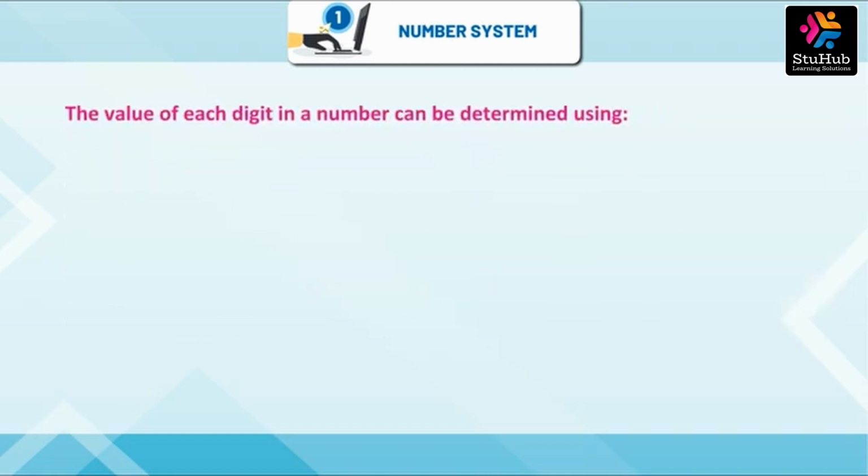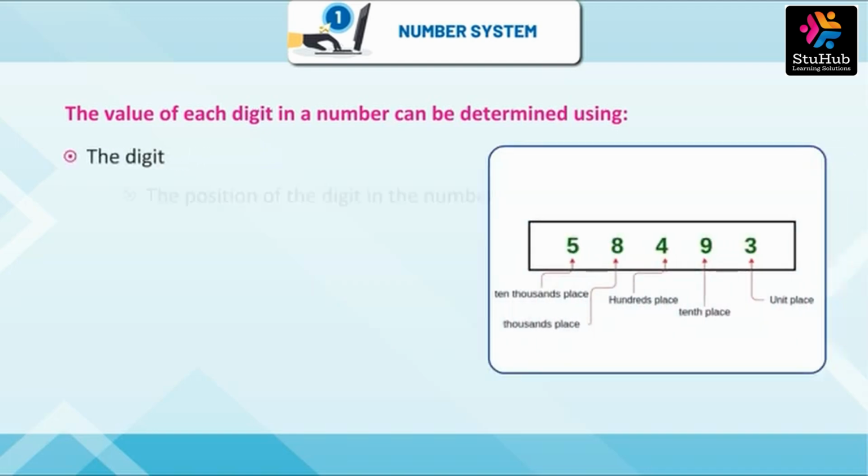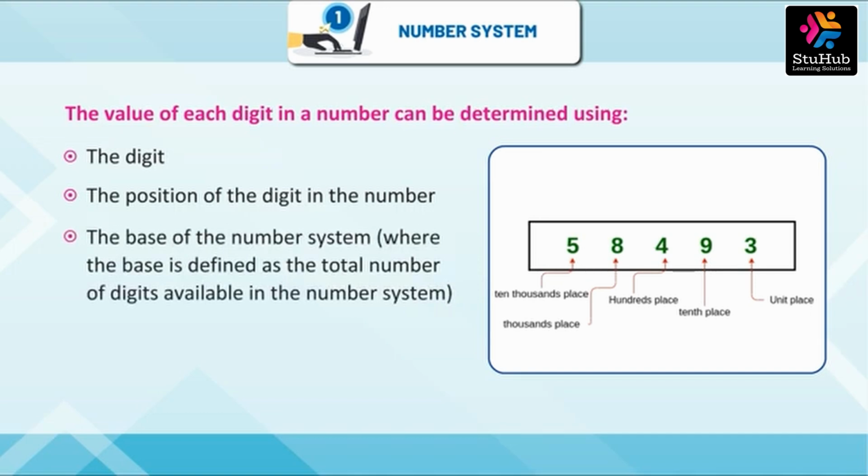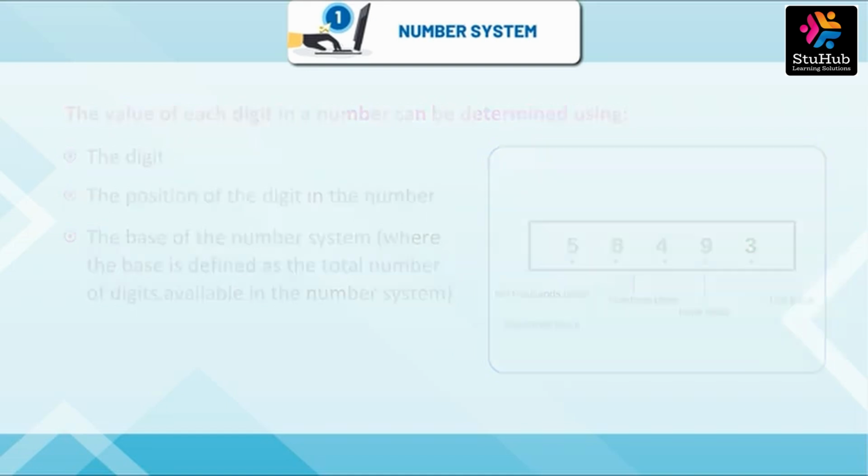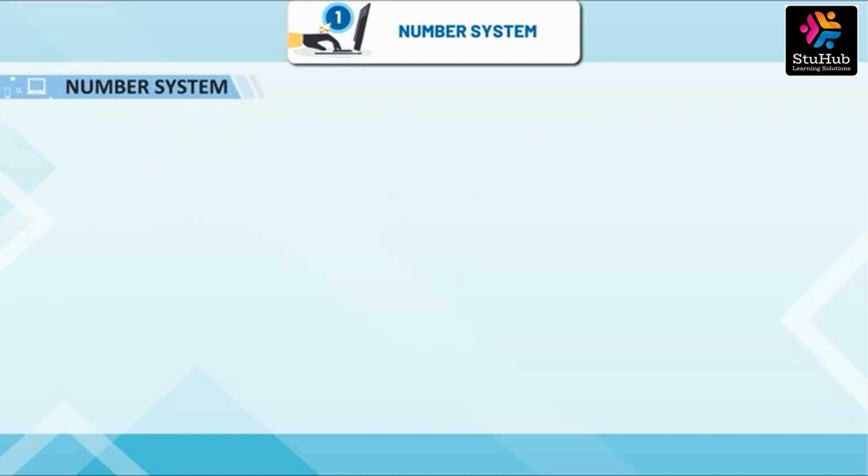The value of each digit in a number can be determined using the digit, the position of the digit in the number, and the base of the number system, where the base is defined as the total number of digits available in the number system.